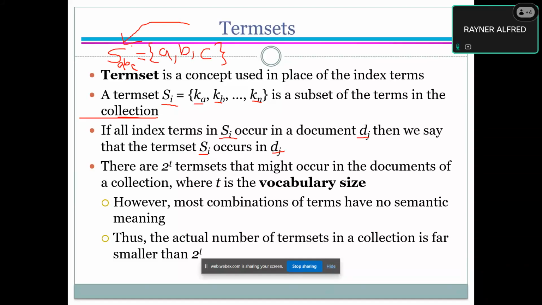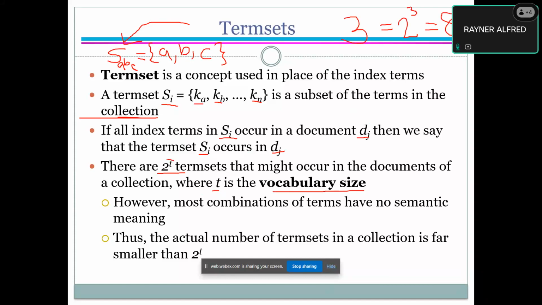Okay, so instead of having one character or one word or one index, we look into the possibility, what if we count more than one index? It all depends on the vocabulary size. If we define T as the vocabulary size, then the number of term sets is 2 to the power of T. For example, if we have 3 unique terms, we could have up to 8 different combinations.